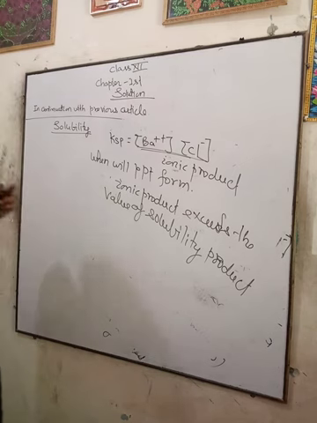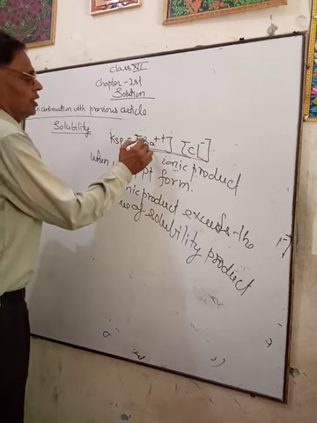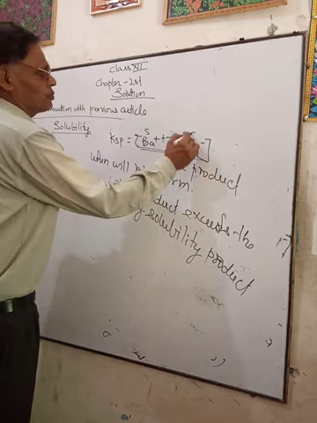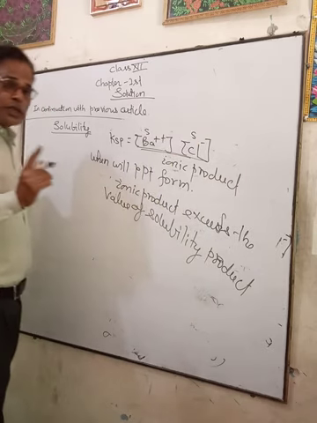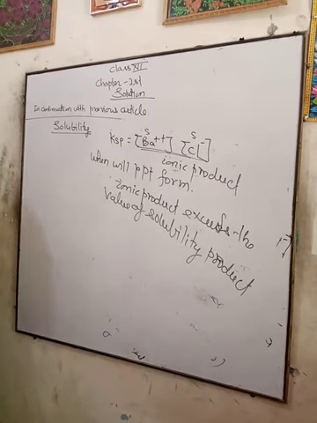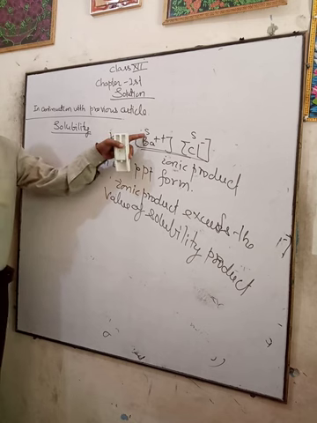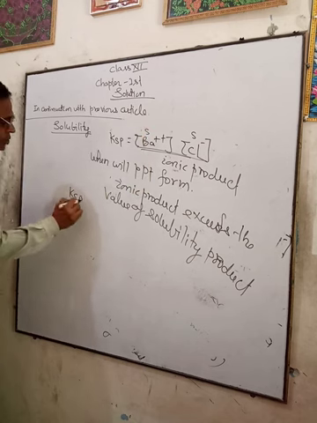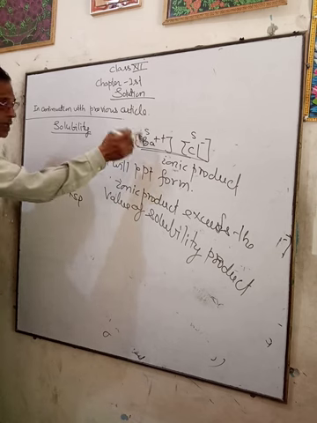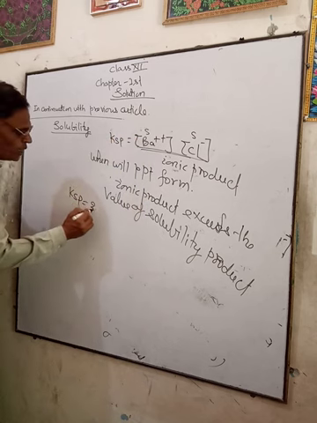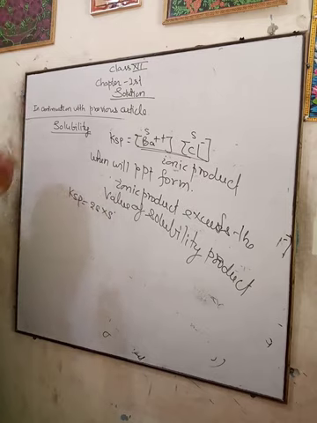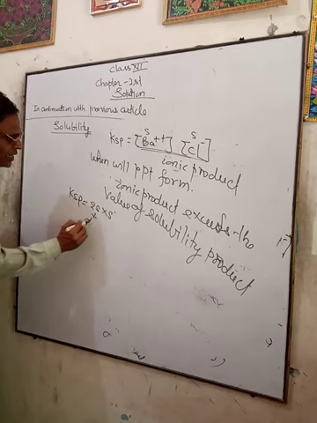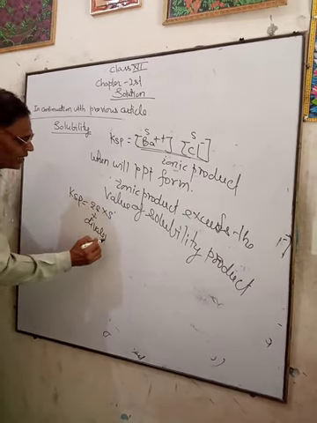Now if we want to calculate the solubility of a salt, then how can we do it? See the formula. Suppose that here the solubility is S and this will also be S. According to the number of charges we take the value of S. So Ksp, suppose the solubility of this salt is S, then here it will be 2S into S, because it is a divalent ion.